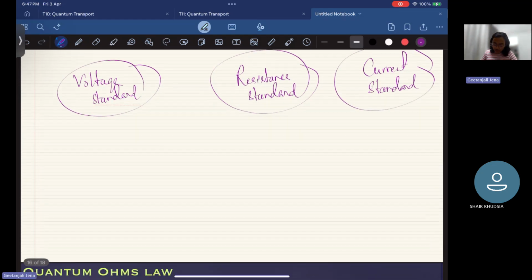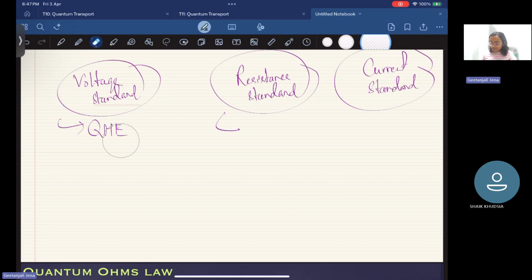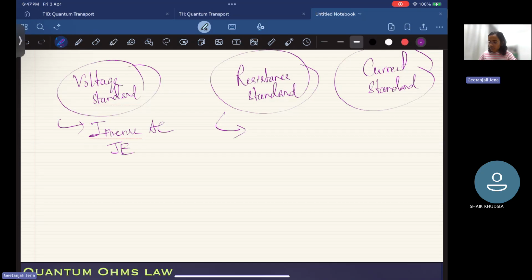For the voltage standard, we use the AC Josephson effect. Sorry, this is for the inverse AC Josephson effect. And for the resistance standard, we use the quantum Hall effect. And for the current standard, we see the Coulomb blockade oscillation of single electron charge.